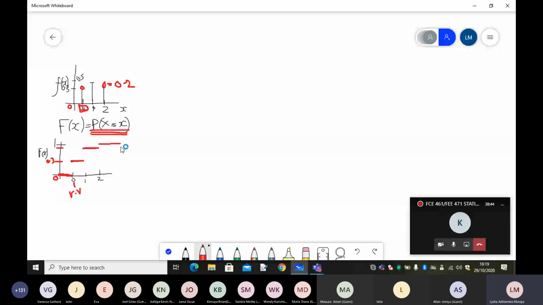So for that student who had asked whether it is vertical or horizontal, I just felt that if I share this, it will make it a little bit more clear.